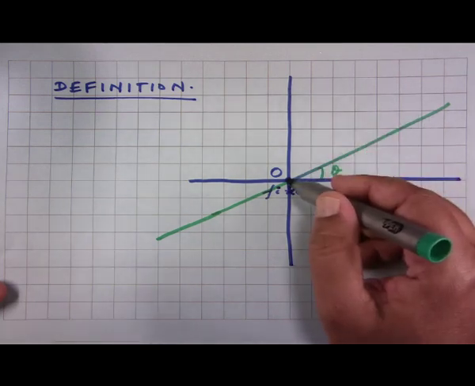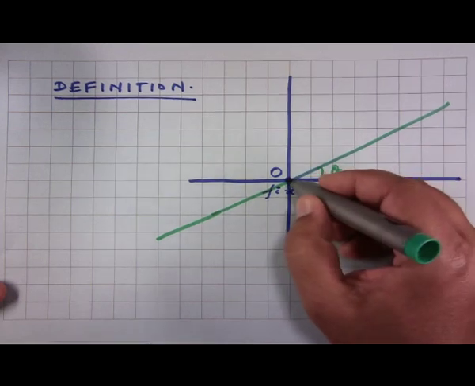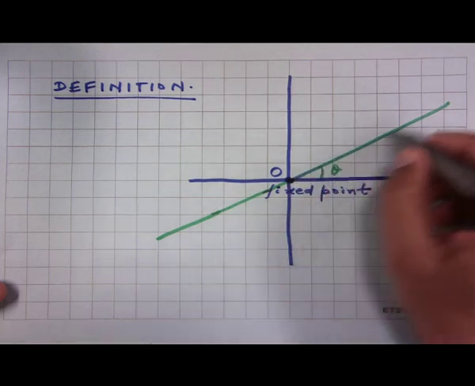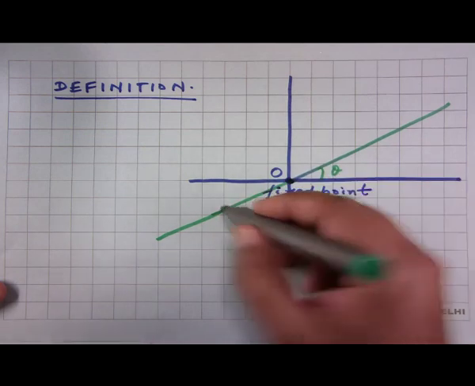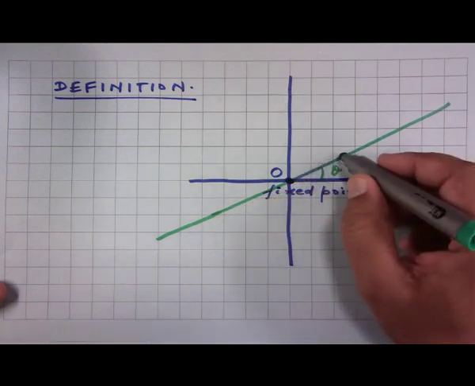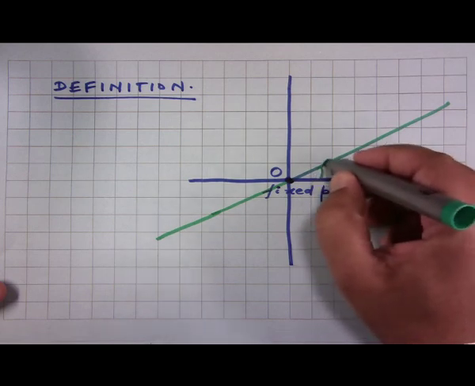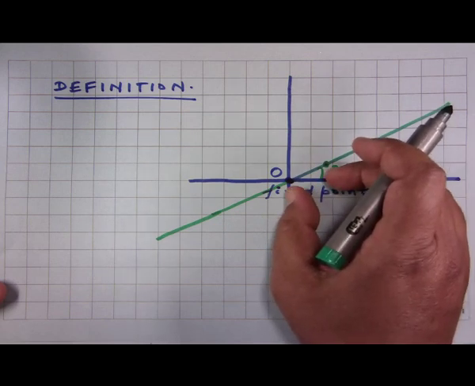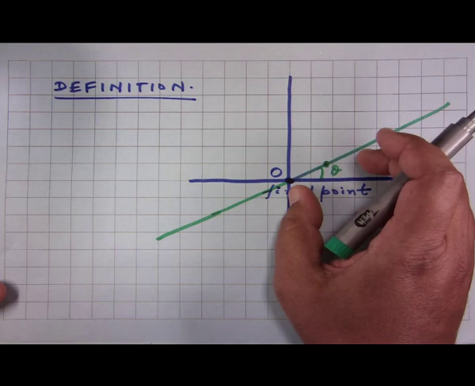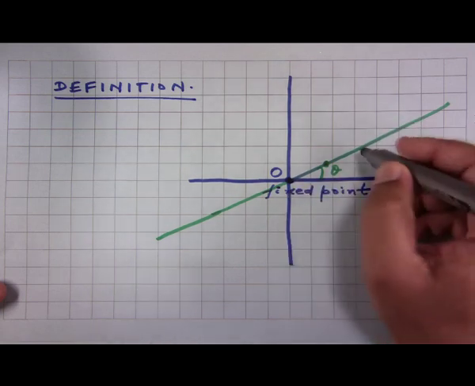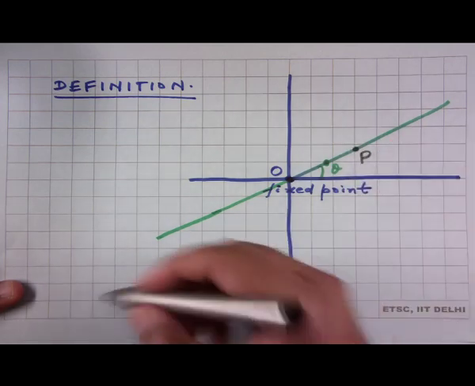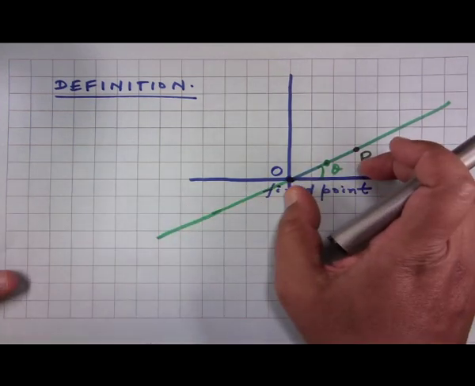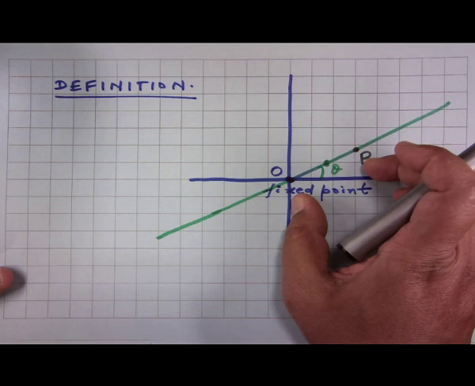If we start at this point O and walk along this line, we can go in either this direction or this direction. If we go in this direction, we have covered some distance, and we can keep on increasing this distance till we reach a certain point, let us say P, which is at that fixed distance r that we initially wanted.